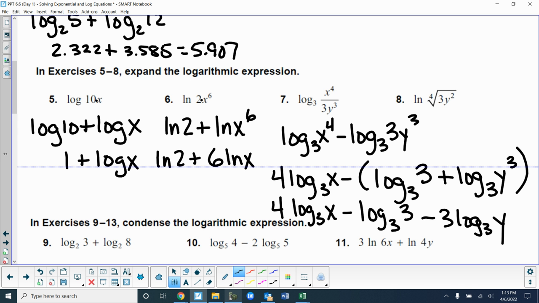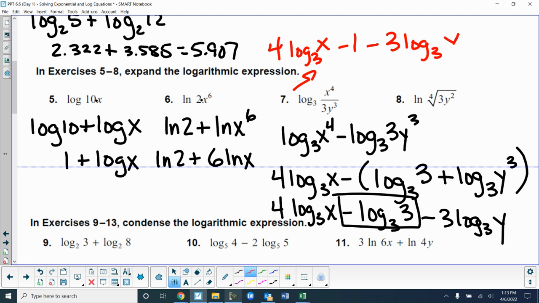Questions? Oh, and one more thing. We should know what this answer is. What's that one? Since that's a 3 and that's a 3. A 1, yeah. So I should do that as well. So the final answer is 4 log base 3 of x minus 1 minus 3 log base 3 of y.